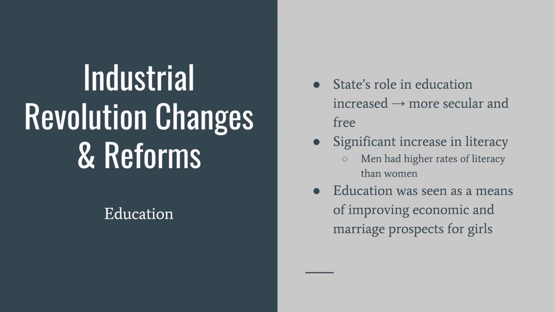We see that there is a significant increase in literacy, or having people be able to read. And we see education, even though it is more squarely focused on men, being seen as a means to improve economic and marriage prospects for girls. So those are some changes we see as a result of the Industrial Revolution.